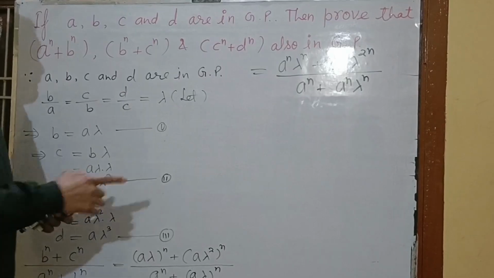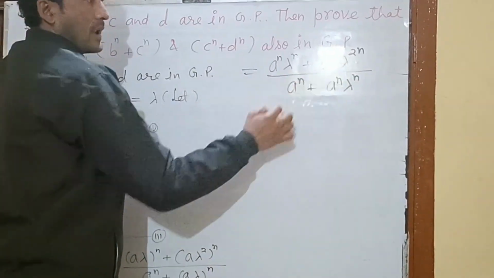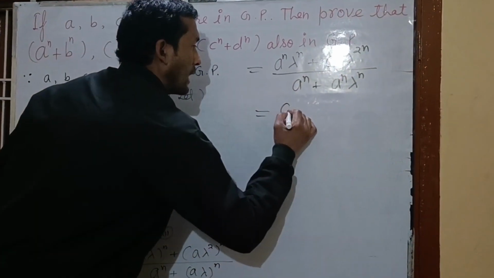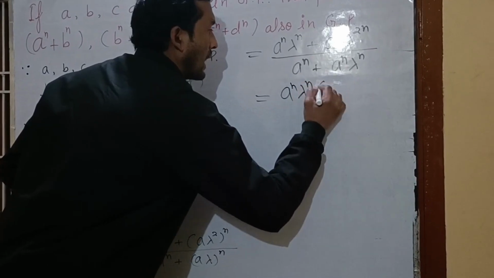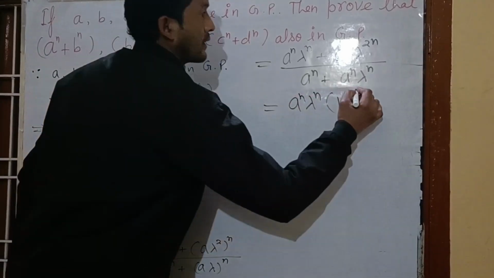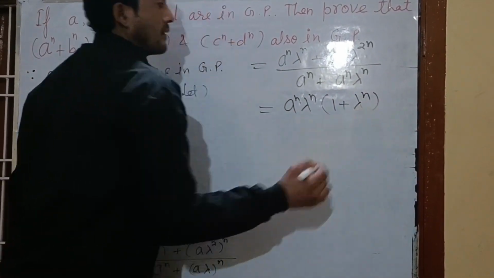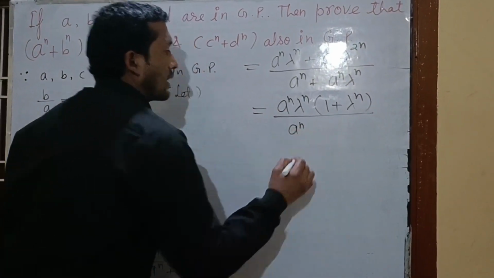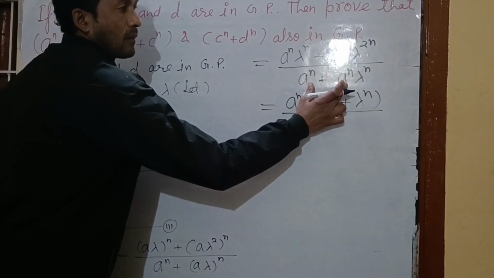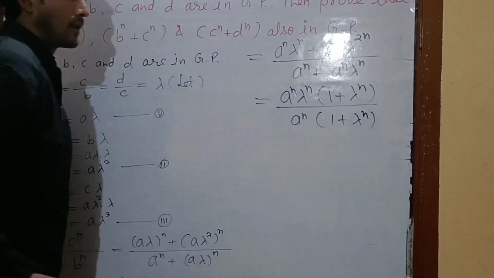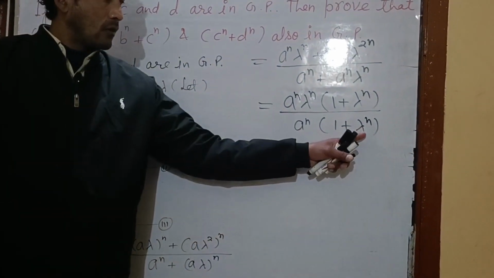Here A to the power n is common, and lambda to the power n is also common in the numerator. Here remains 1 plus lambda to the power n; in the denominator A to the power n is common, remains 1 plus lambda to the power n.